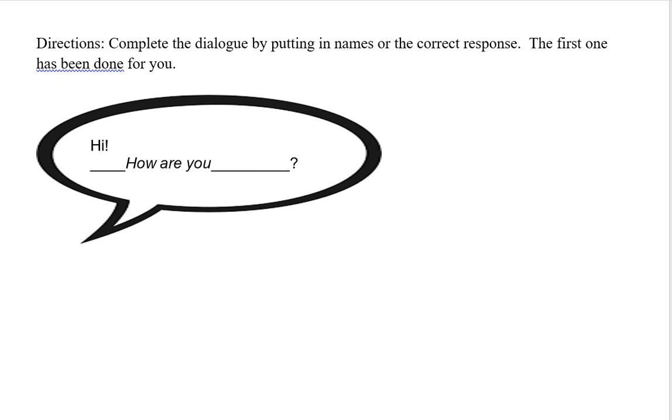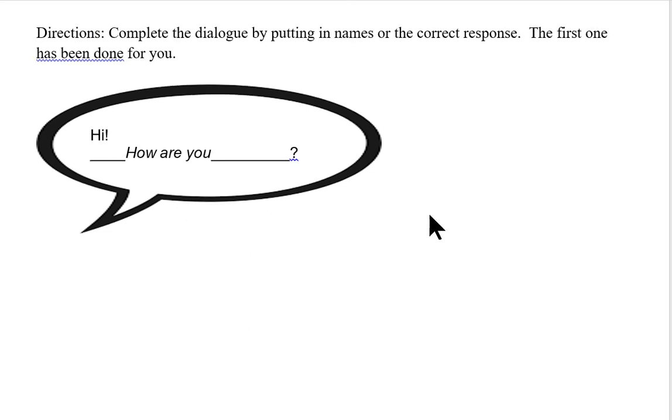The next section asks you to complete the dialogue by putting in names or the correct response. So, we are going to look back.